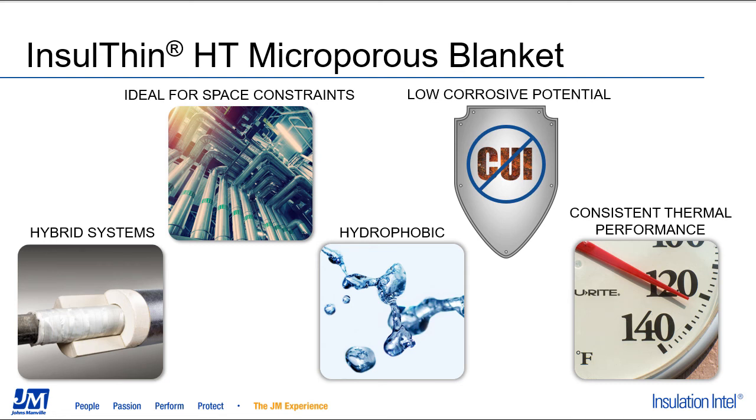So it is going to give the same thermal performance in a thinner profile, typically about half the thickness of the other products. This would be an excellent product to consider for applications that are very space limited, pipes that might be too close together, or pipes that just don't have clearance to adjacent structural elements.